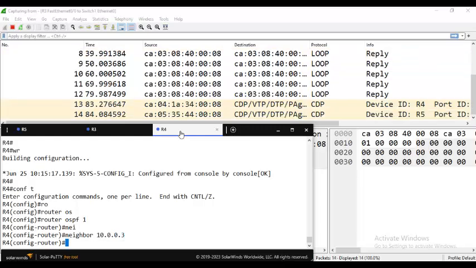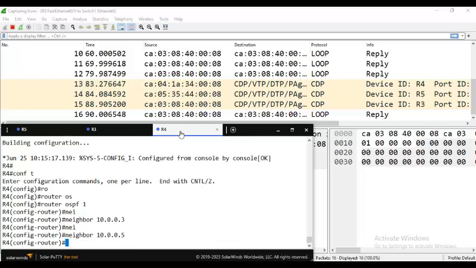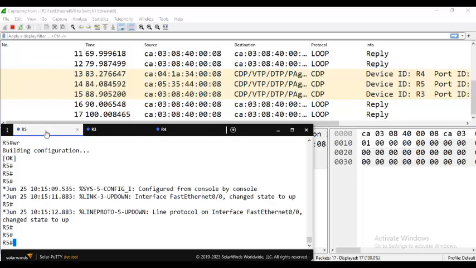I'm not seeing any hellos. Interface F0/0, IP OSPF network type. I think we have already given non-broadcast.